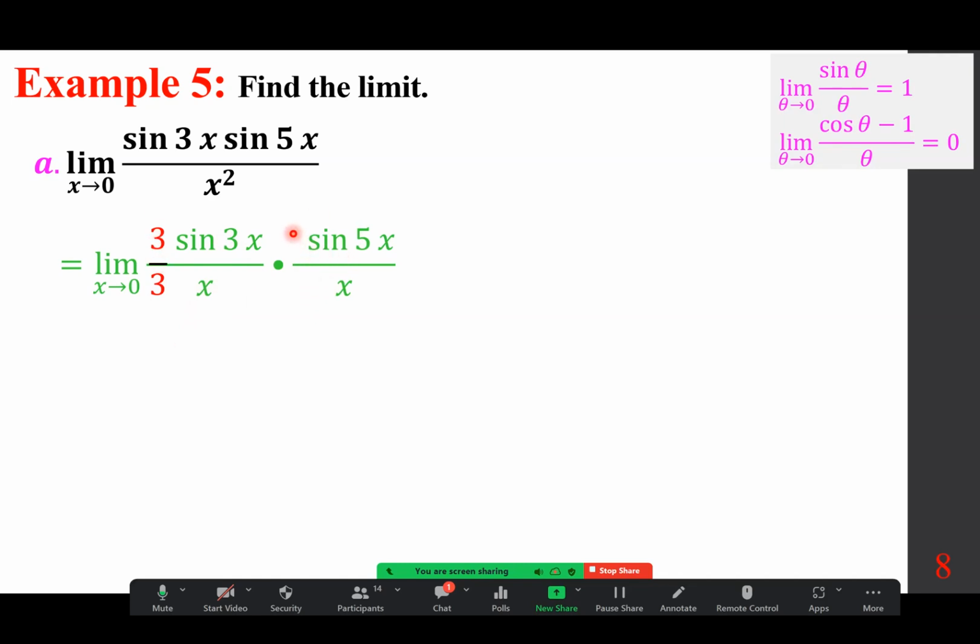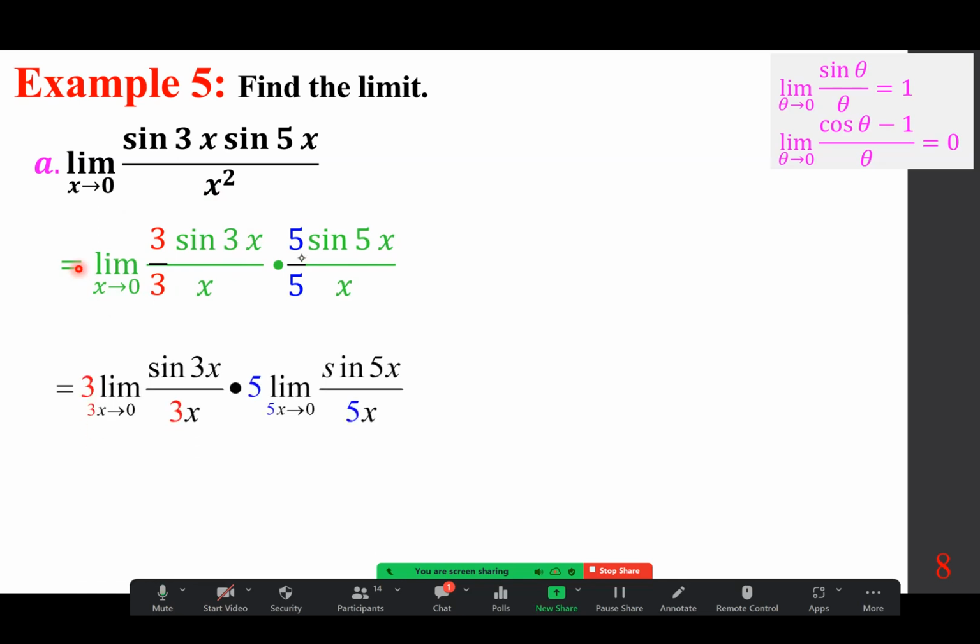We can multiply the top and the bottom by the same number, in this case 5. And so this piece, you can think of this as theta, and the 3 can come out. And the same thing here. You can think of this as theta, this one as theta, and the 5 can come out.